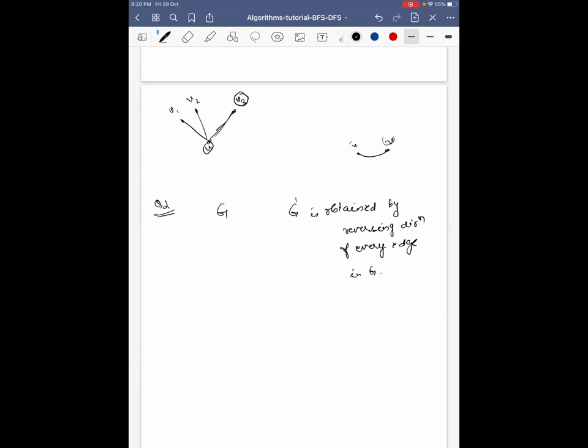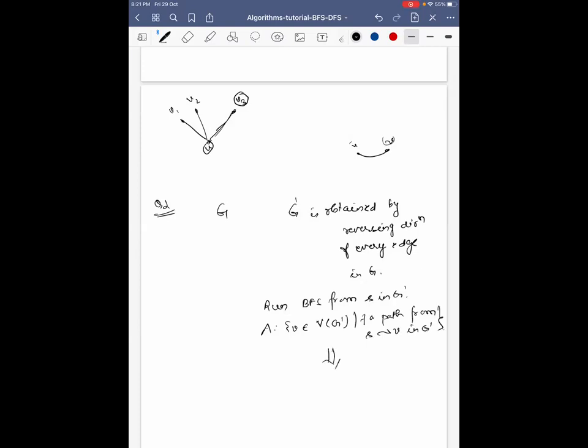Right? Now, if I run BFS from S in G dash, and let A be the set of all vertices which are reachable from S in G dash. So A is the set of all V in V of G dash such that there exists a path from S to V in G dash.